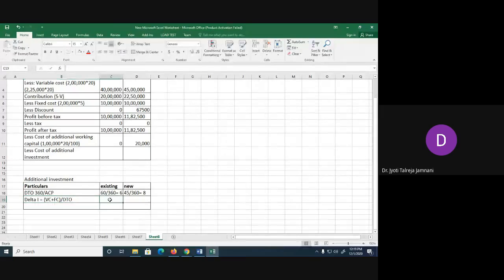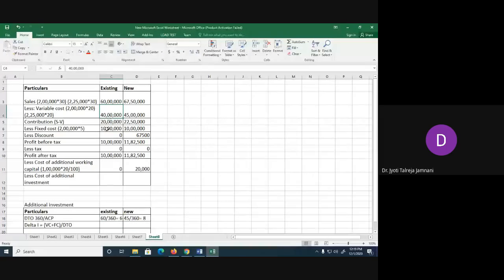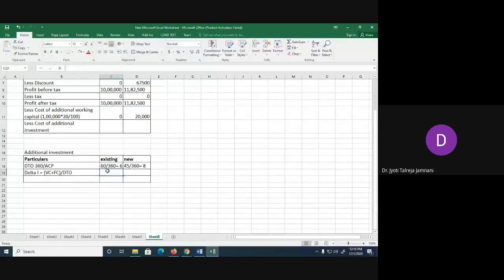So in this case, the variable cost is 40 lakh and fixed cost is 10 lakh. So 40 lakh plus 10 lakh divided by 6 times, we'll get the delta I as 8,33,333.